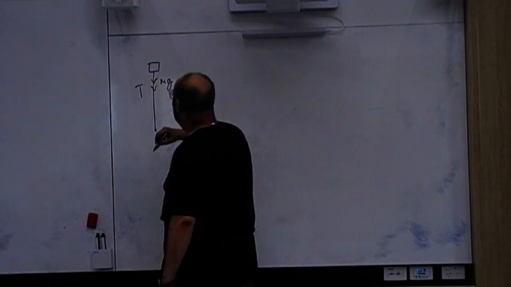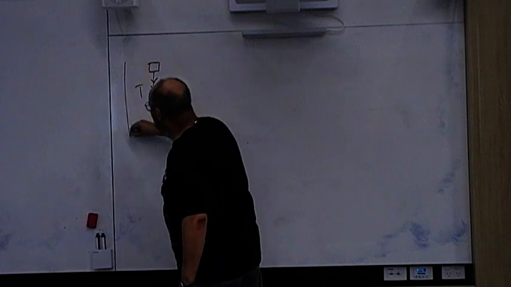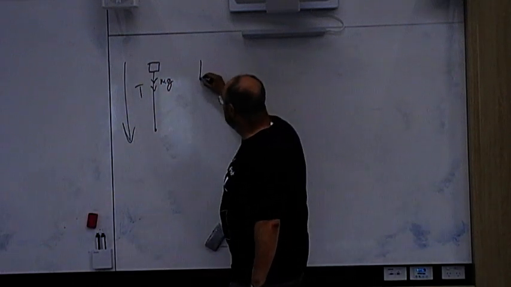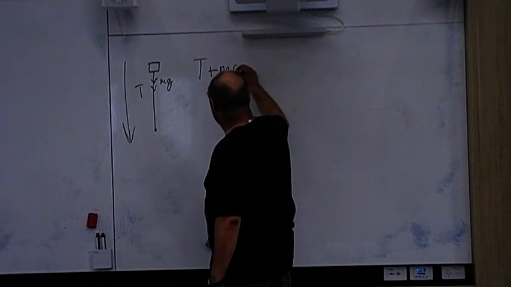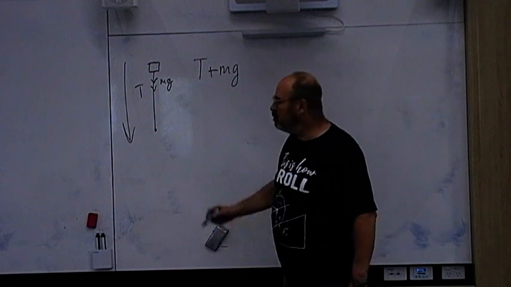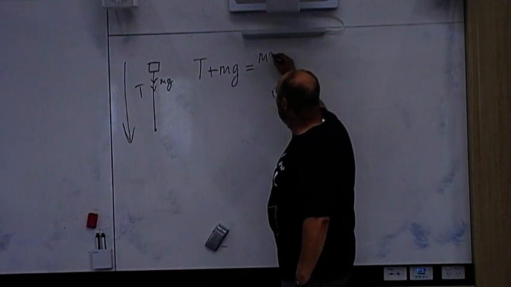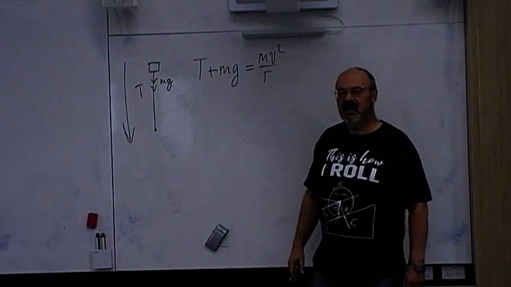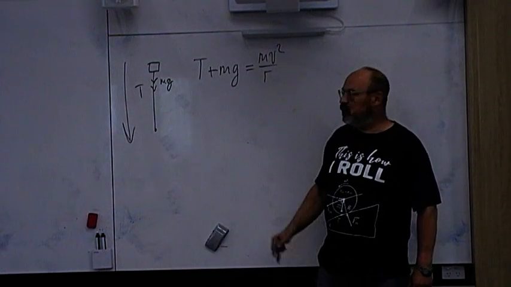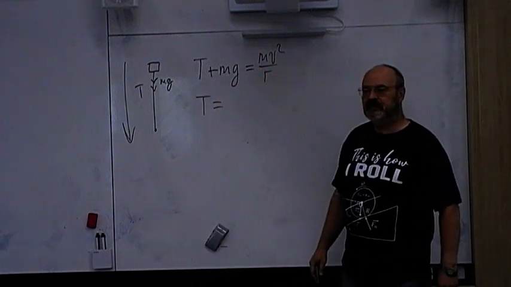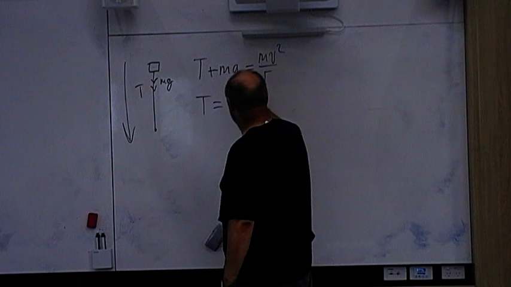As soon as a string is involved, there has to be tension. We choose the positive direction down, and we have T plus mg. And as it's circular motion, it has to be equal to what? mv squared over r. So what does the tension equal at the top? mv squared over r minus mg.